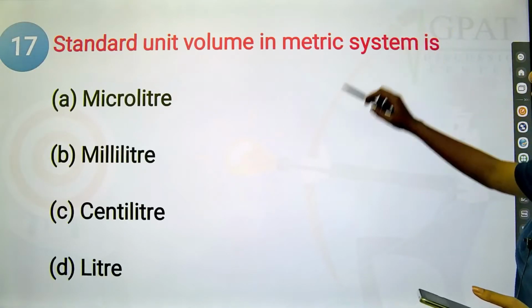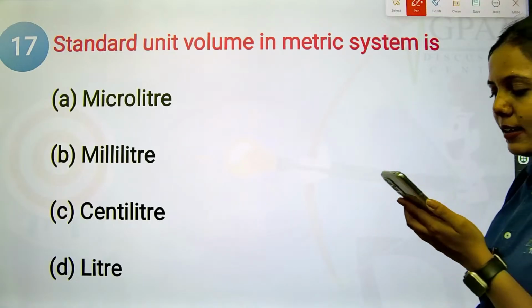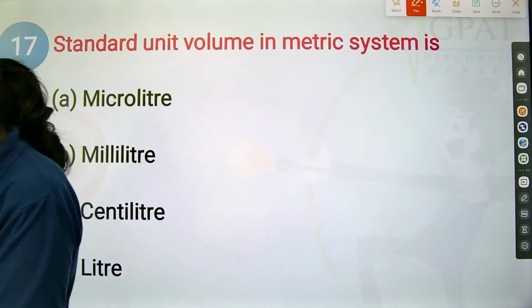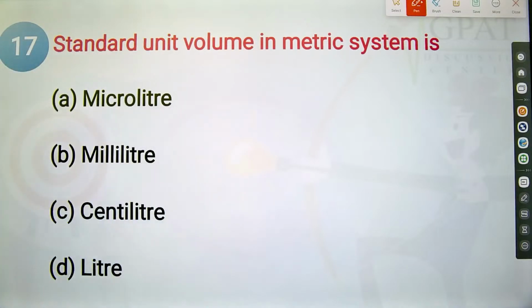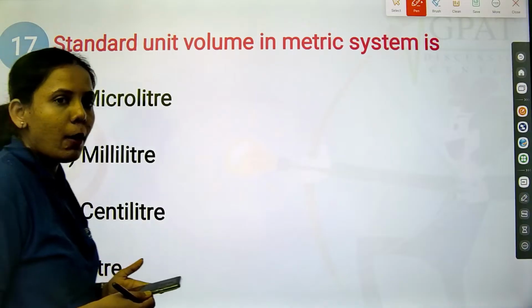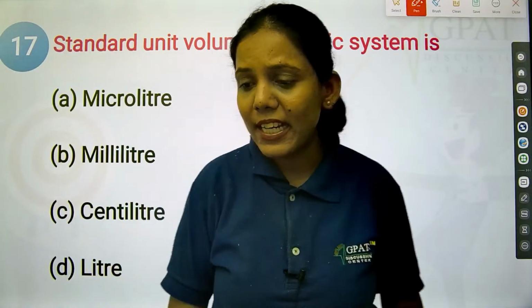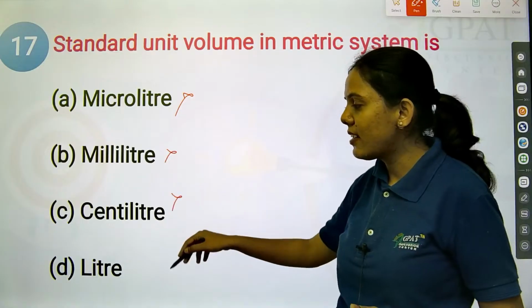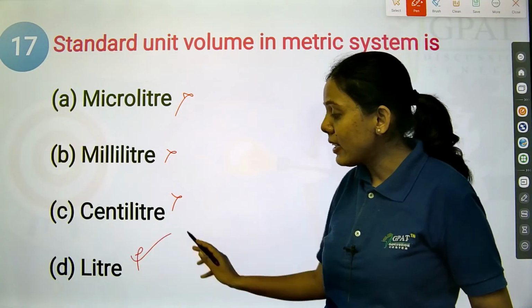Next is standard unit volume in metric system is microliter, milliliter, centiliter or liter. So when we talk about the volume in the metric system, it is not about the microliter, milliliter, centiliter. It is about the liters.